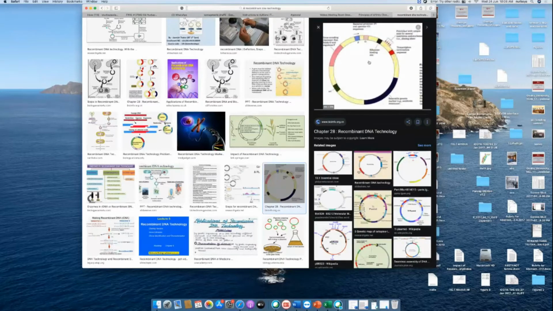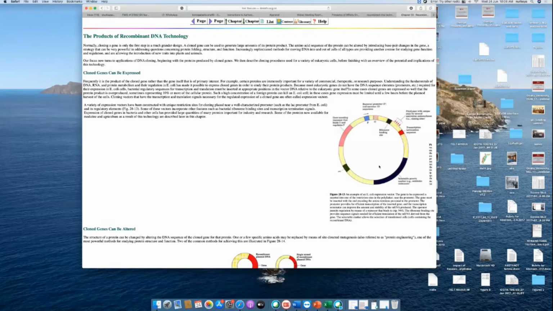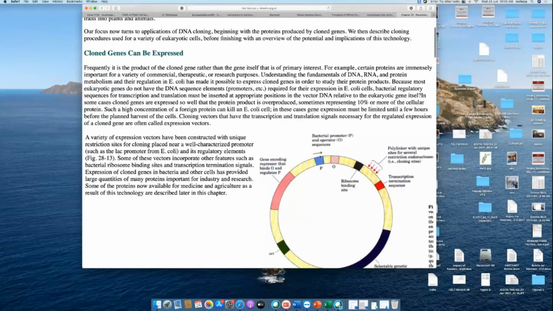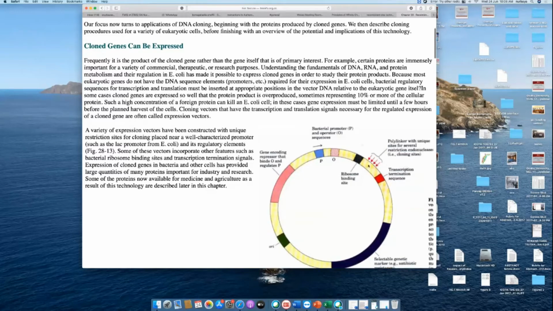Let's say if you have this, I need to make it bigger. So basically, in your gene, you have the bacterial promoter here, then the operator, and then the ribosome binding site, and then the polylinker where you put your target gene. In our case, we have used lipase.